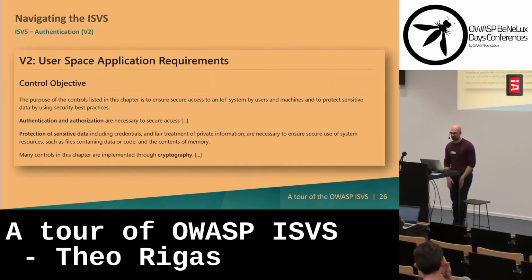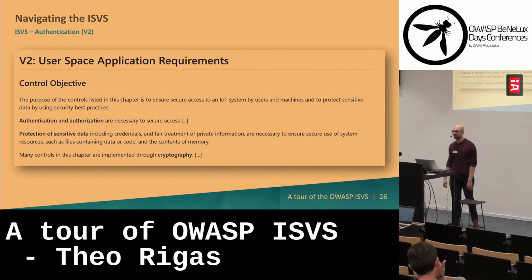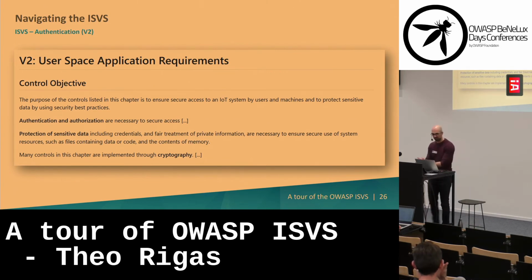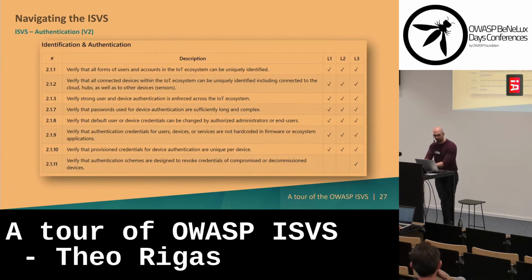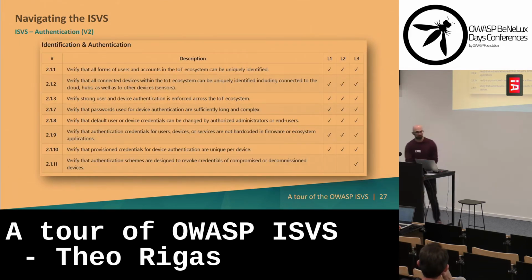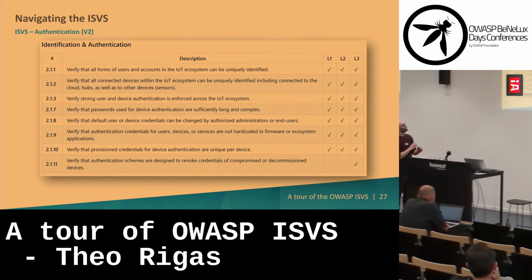So how does the ISVS deal with that? It deals with that in chapter 2, which is about user space application requirements. Again, we have different objectives, notably authentication, authorization, protection of sensitive data, and crypto. So if we zoom in at the requirements, again, there's a lot of them. Not going to read all of them.